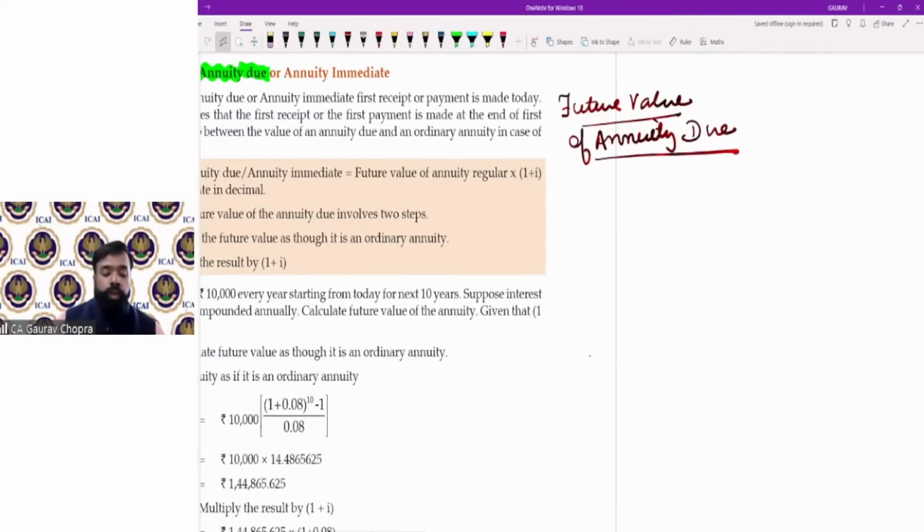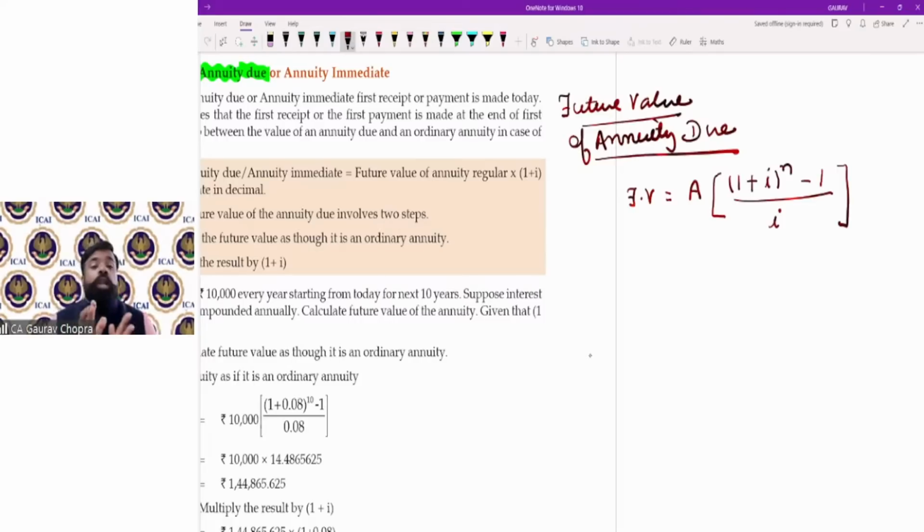Now, what is the formula for this? So let us write the same formula which we have done in the previous session. That is annuity bracket 1 plus I whole to the power of n minus 1 divided by I. Now, till here, the formula is exactly same. Up to this, the formula was for future value of annuity regular.